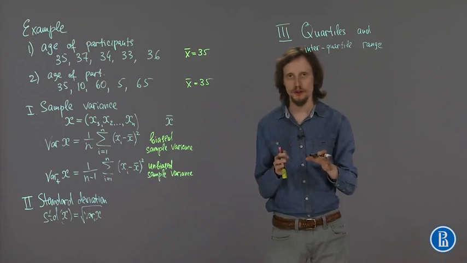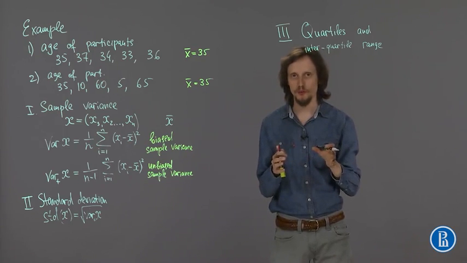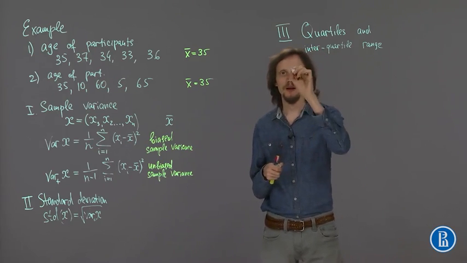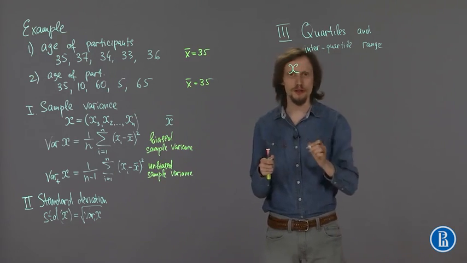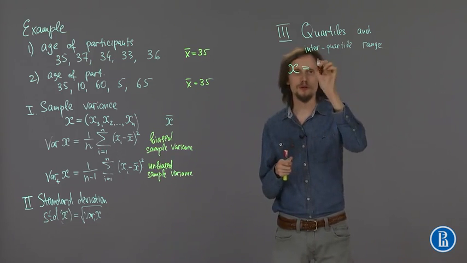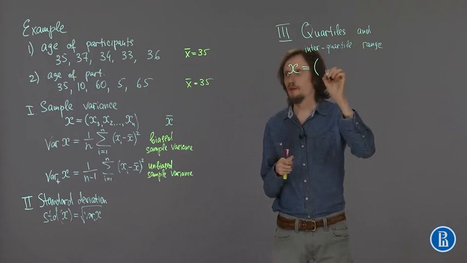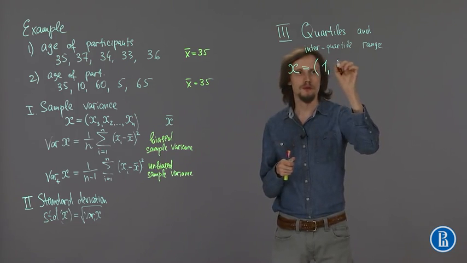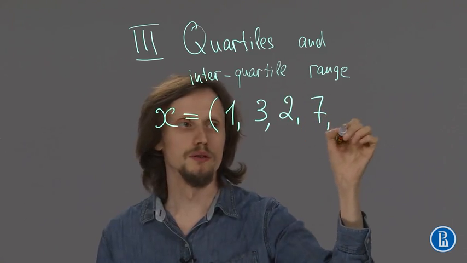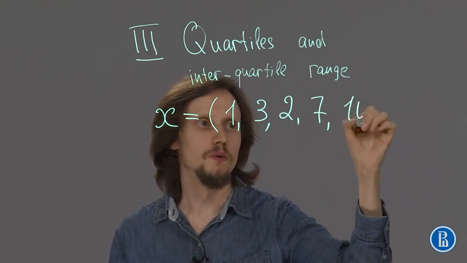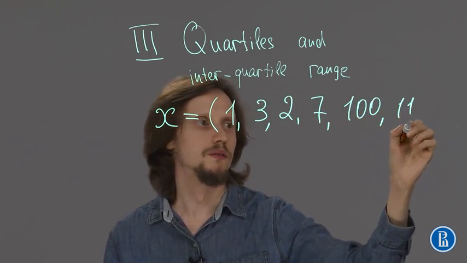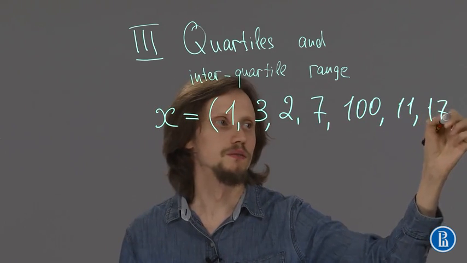Let us return to an approach that we used when we defined median. Consider an example. Let our dataset X consist of the following numbers. For example, 1, 3, 2, 7, 100, 11, 17.